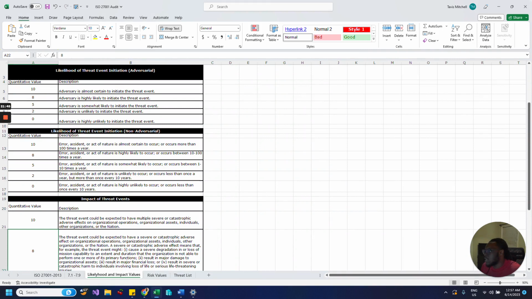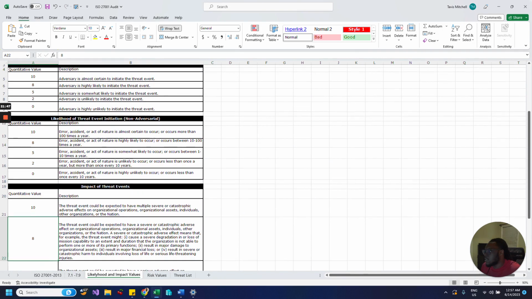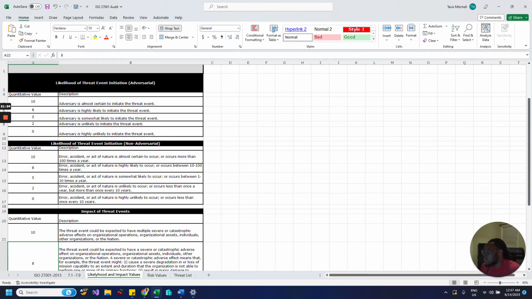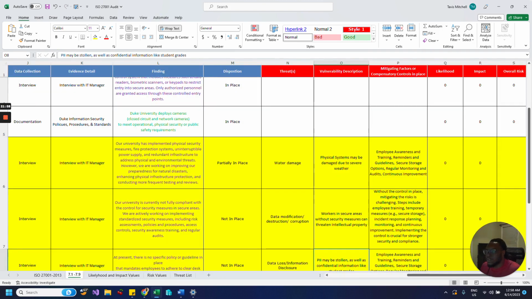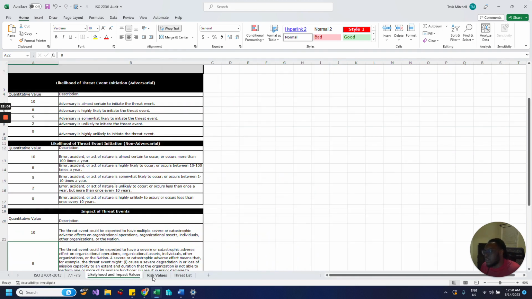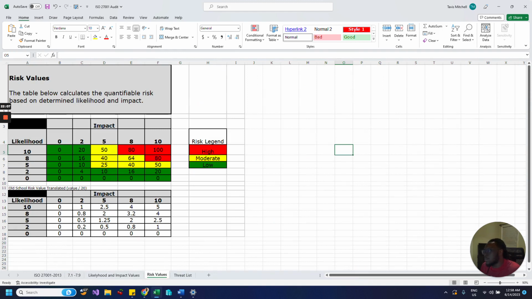What you've got to do is multiply the likelihood by your impact value, and that will give you your overall risk score, which tells us how severe the risk is. Here's our risk value scale. Remember, if you're in the yellow, you really need to mitigate it. If it's red, it's very severe.